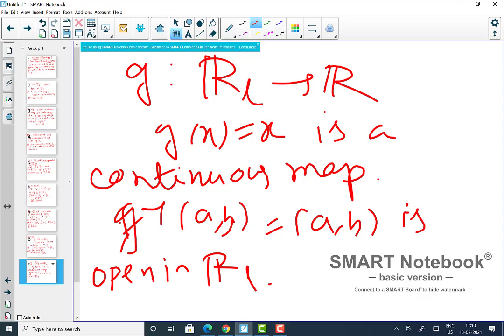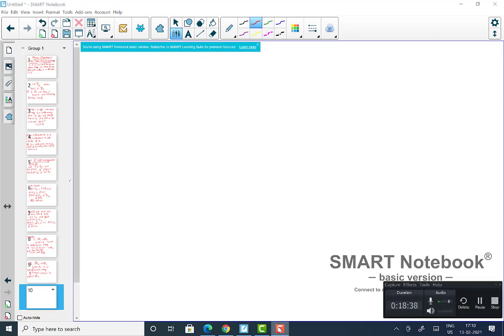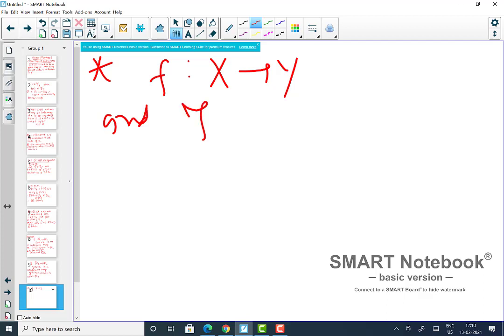So what is the important observation here? Whenever you know the basis, because a basis is a smaller collection, you should remember this: given f from X to Y, and you also know that the topology of Y is generated by some basis, then it is enough to check that the pre-image of a basis element is open. Why?